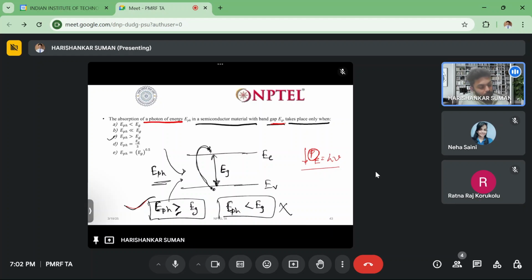Then only does the material absorb; otherwise it is transparent to the photon if the photon has less energy than the band gap of the material.